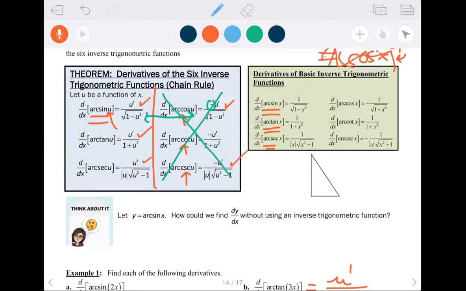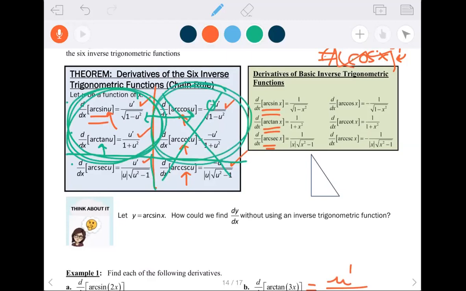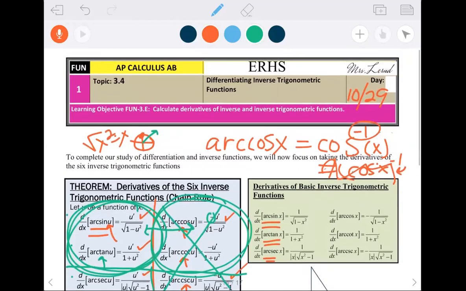So that narrows it down to 3 we actually need to memorize, because if we know these 3, arc cotangent is just negative u prime over 1 plus u squared. Furthermore, College Board doesn't test the bottom 2. So neither will I. I might throw one in an example, but you can go ahead and look. So really, if you can just remember these 2, you get these 2 for free because the cofunctions just go negative, and I'm telling you, you don't have to memorize the bottom 2. So it's not as daunting of a task as it might seem.